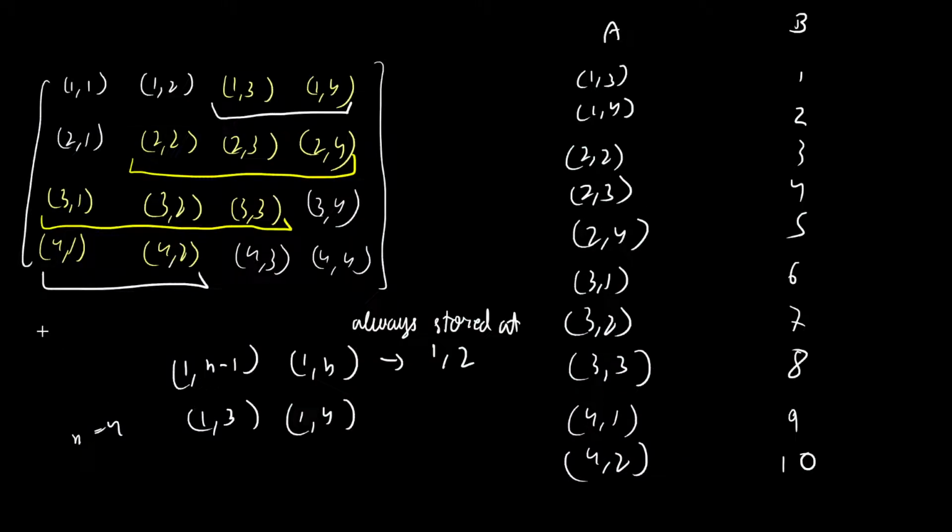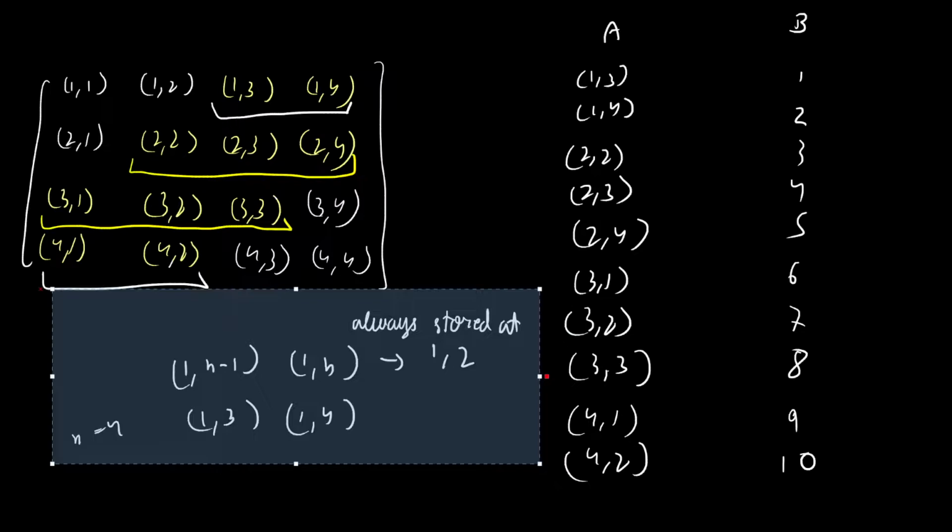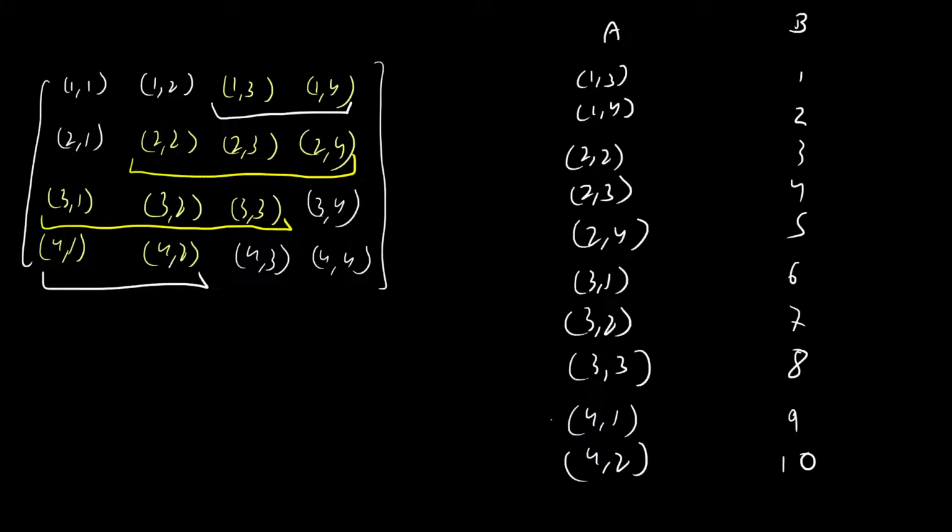Okay, so let's remove these as well. So 4,1 and 4,2. 4,1 is stored at 9th position, 4,2 is stored at 10th position.